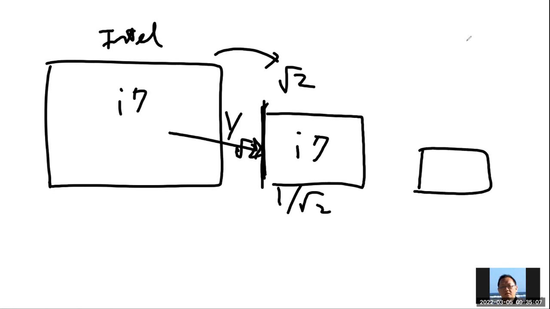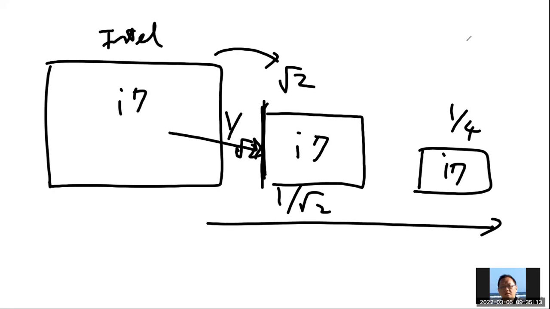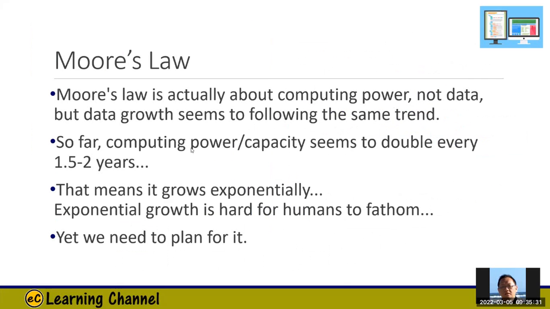The next one only 1/4, and keep shrinking. If this happens every 2 years, then every 2 years your computing power will double. That's the so-called Moore's law, that every 2 years the semiconductor will double.